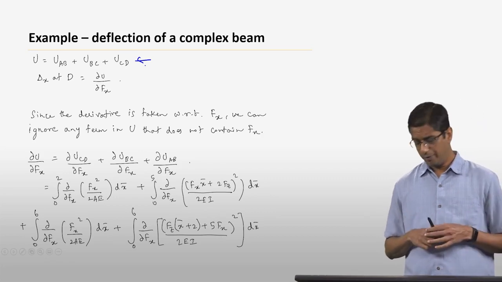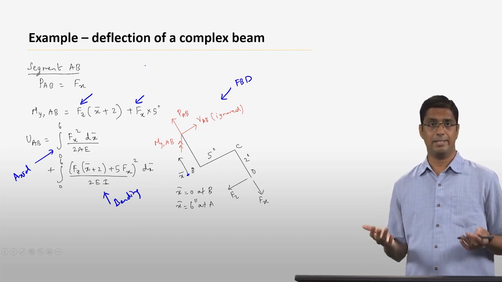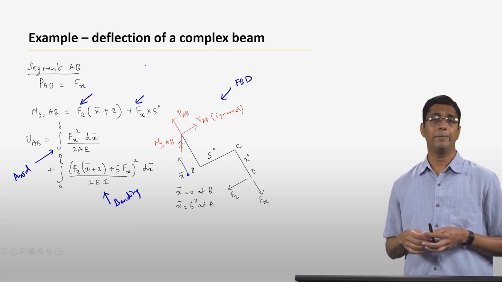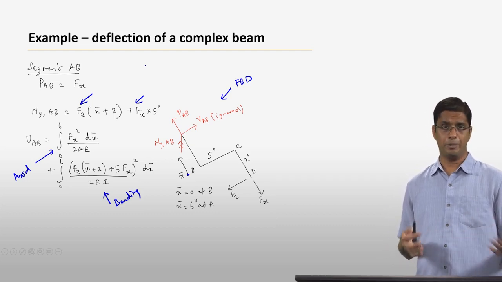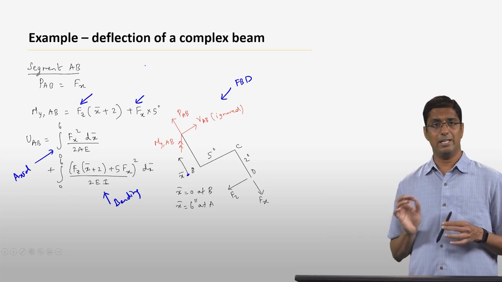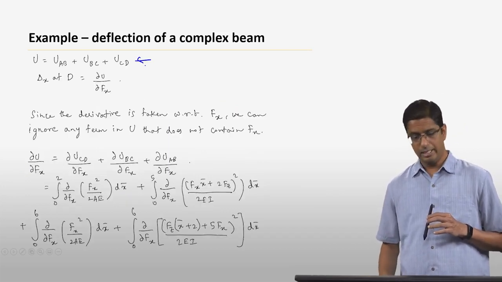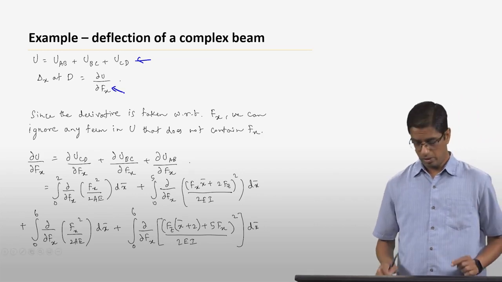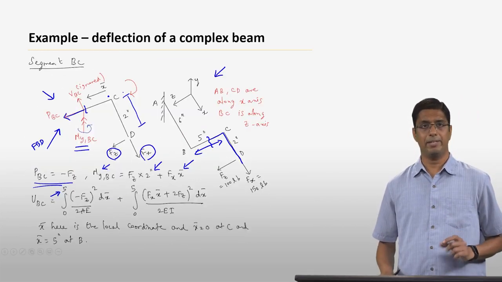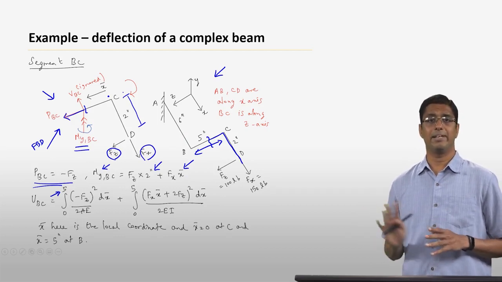Now, if you look at these terms, there are lots of terms. There are actually 6 integrals that you have to consider. Taking the derivative of each one of them is not very difficult, but it could be time consuming. So we can look at a few tricks here. One trick is that since we are taking the derivative with respect to Fx, you can ignore any term that doesn't have an Fx in it.